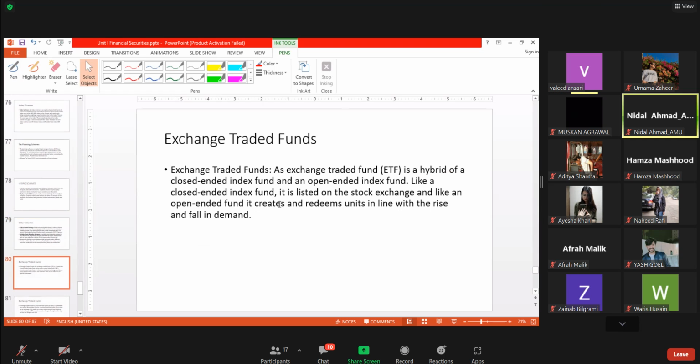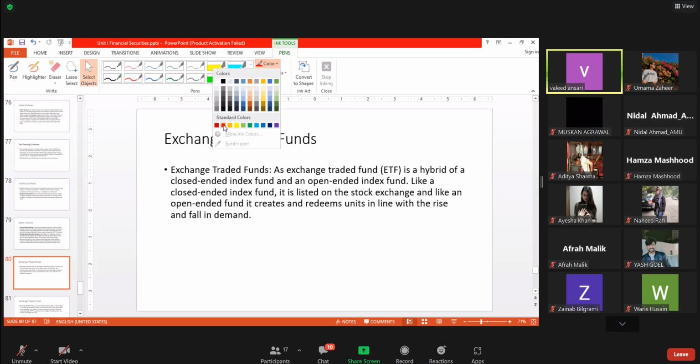Now, lastly, in mutual funds, there is a type of fund which is the exchange traded fund. I have told you that it is a hybrid of closed-ended, index and open-ended. You know that in open-ended, the issuing fund is ready to buy and sell the units.